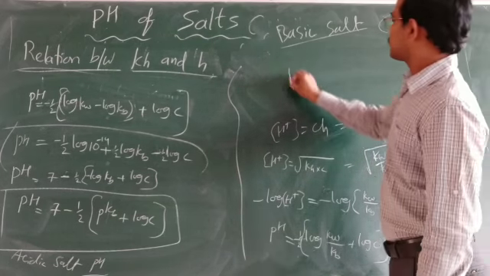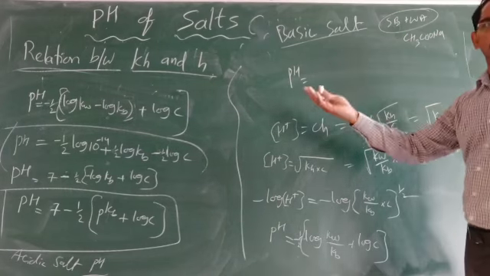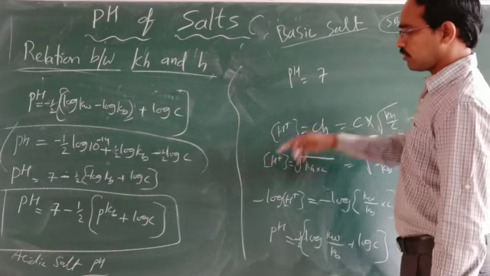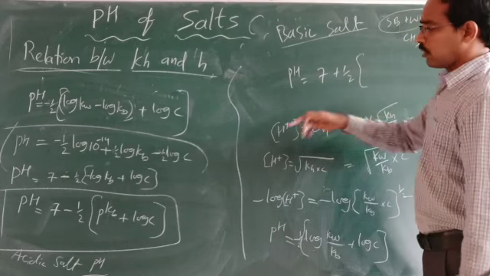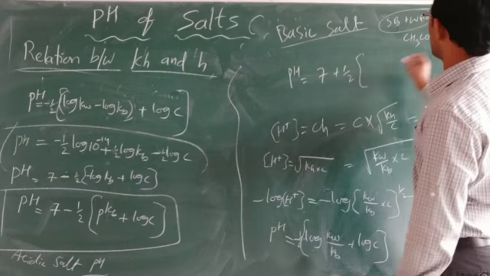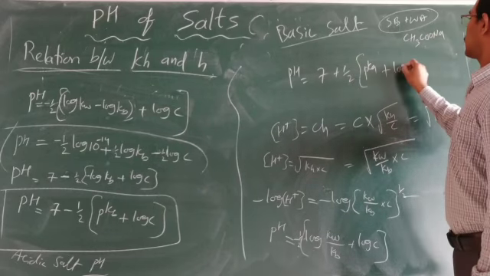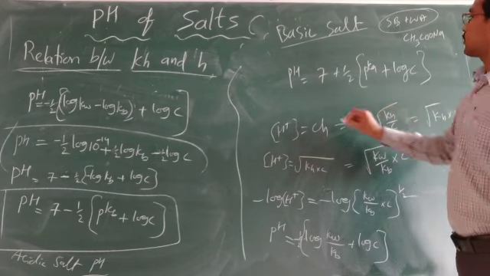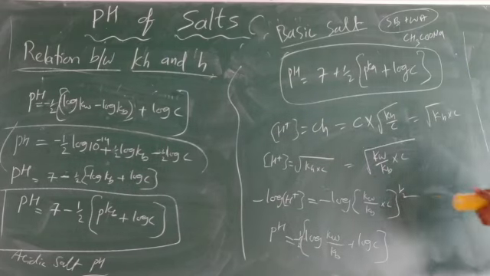So for this, the pH value will be in general 7 say above. That means 7 plus remaining formula, pKb there. Here pKa will be pKa plus log C. This is the basic salt pH value.